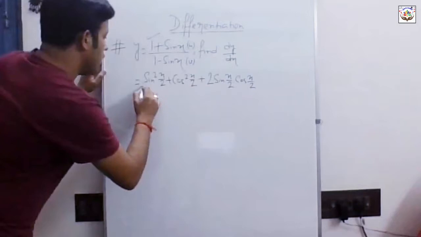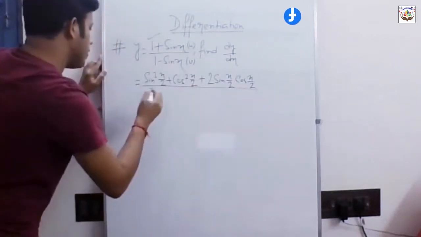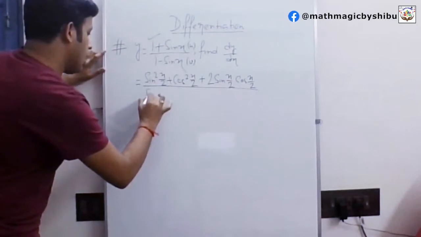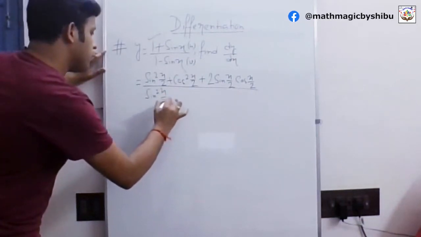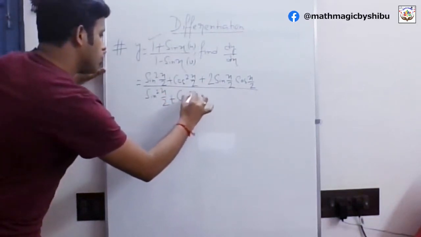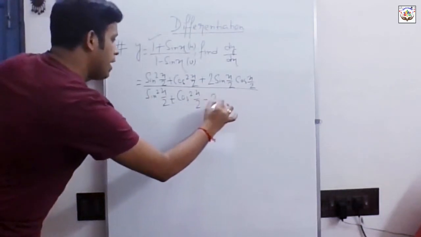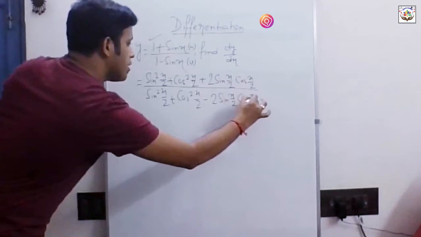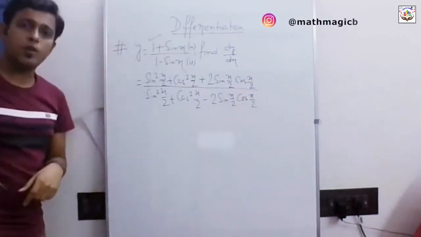Okay. Similarly, we are modifying actually the denominator part. Like sin square x/2 plus cos square x/2 minus 2 sin x/2 into cos x/2. Okay.